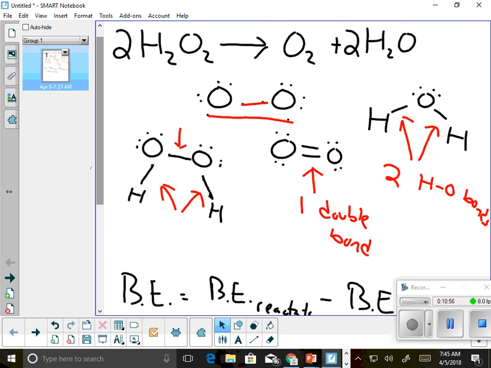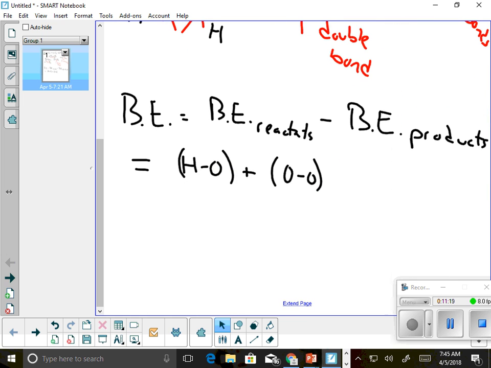In one hydrogen peroxide, my picture shows that there is two, again, 1, 2 HO bonds. However, if you look at the top of the screen, there is two hydrogen peroxides overall. So if one hydrogen peroxide has two HO bonds, two hydrogen peroxides would have 4 HO bonds.